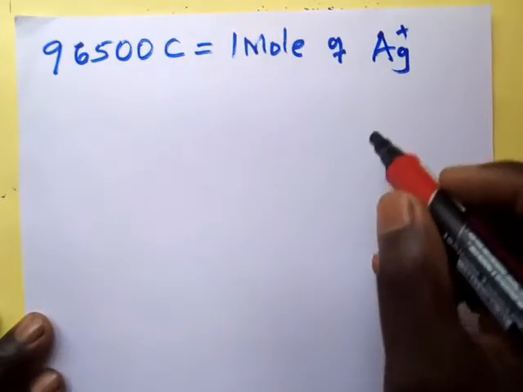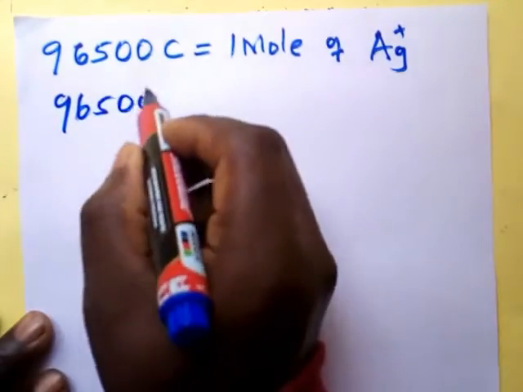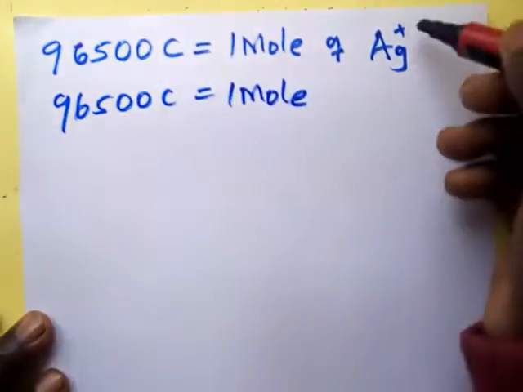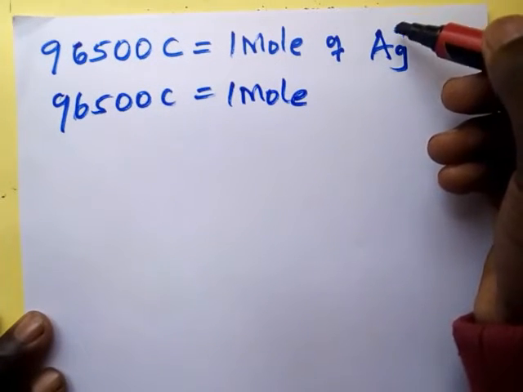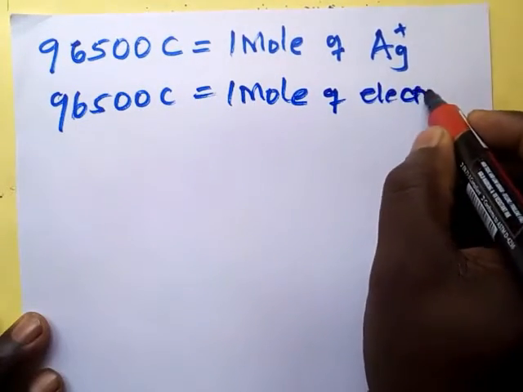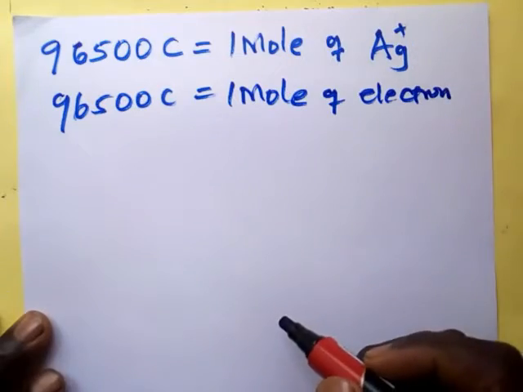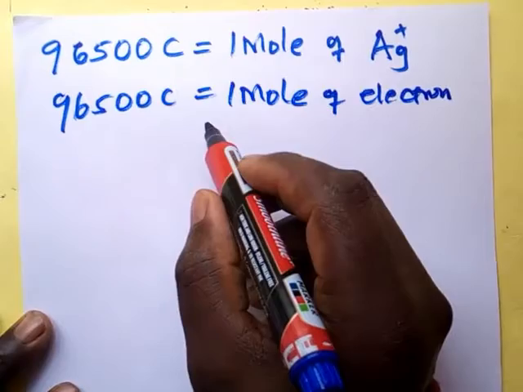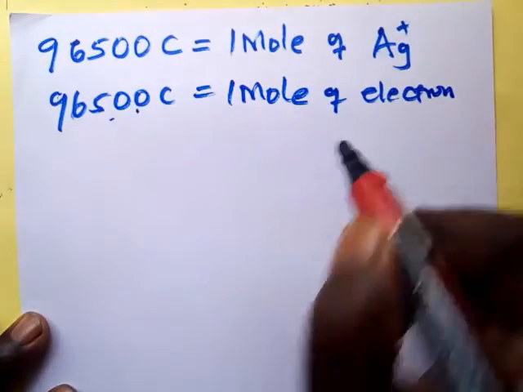Therefore, 96,500 coulombs is equal to 1 mole of electron of a monovalent metal. So this is equal to 1 Faraday.